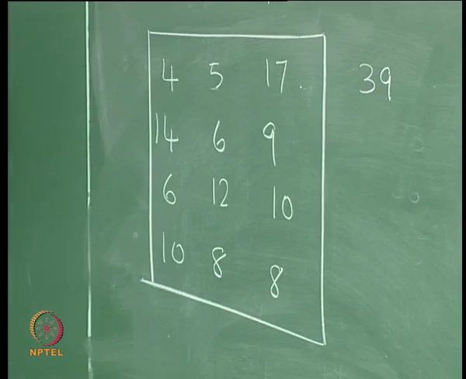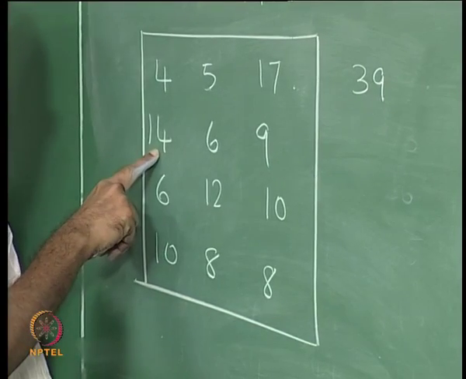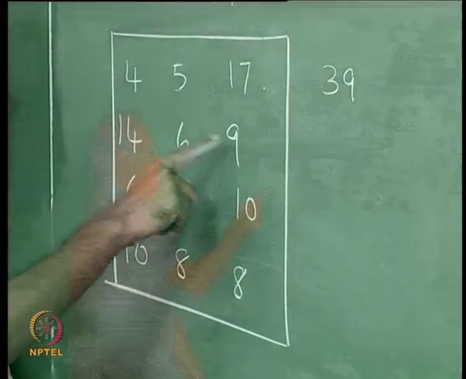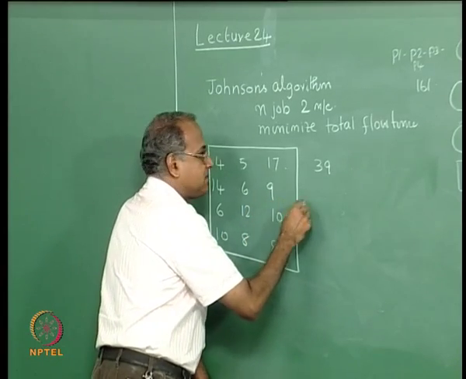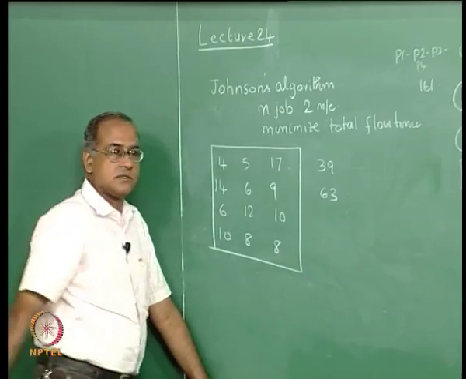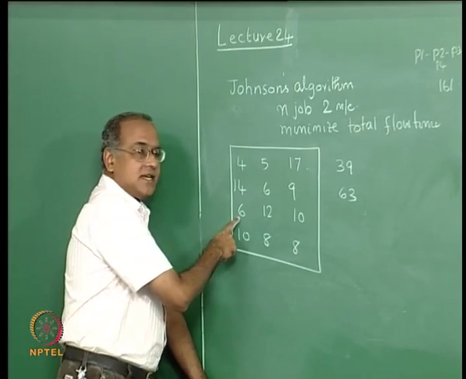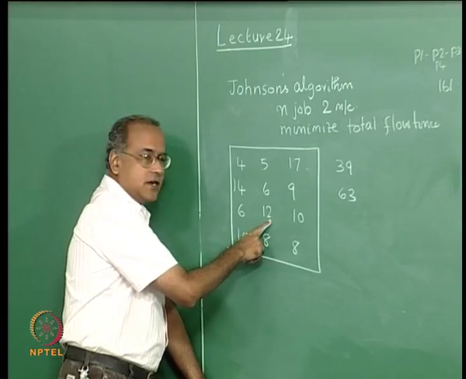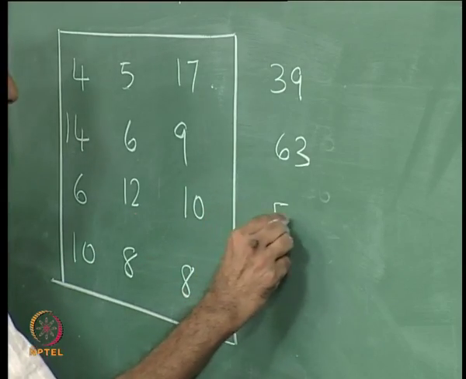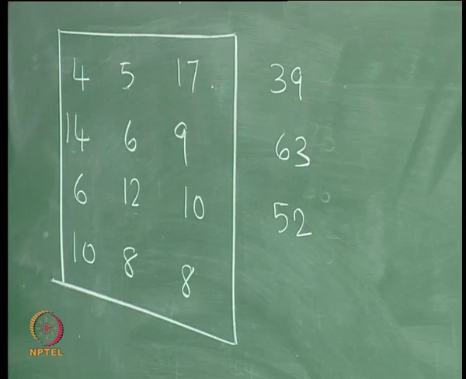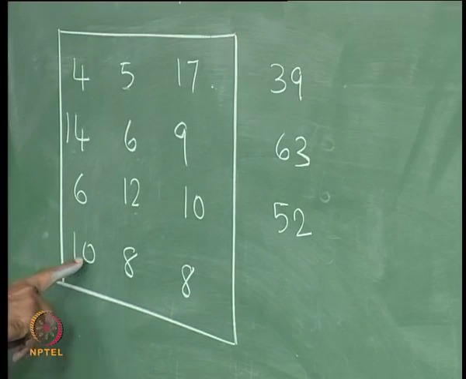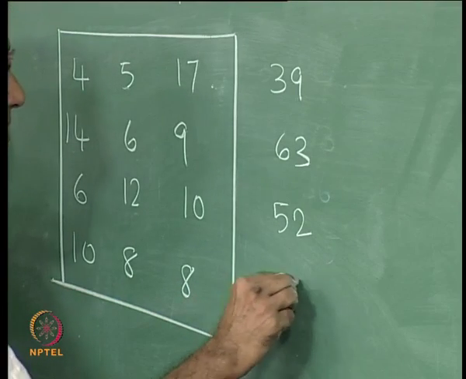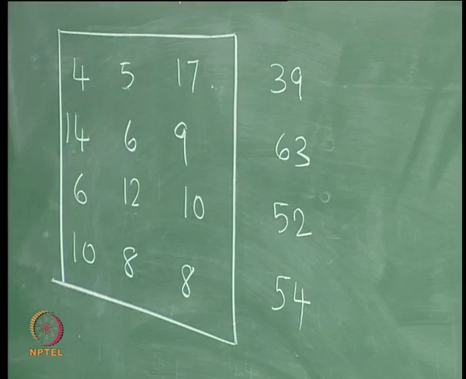We compute another index: 3 into 14, 42, plus 2 into 6, 12, 54, plus 9, 63. Another index: 3 into 6, 18, plus 2 into 12, 24, 42, plus 10, 52. And the last index: 3 into 10, 30, plus 2 into 8, 16, 46, plus 8, 54.